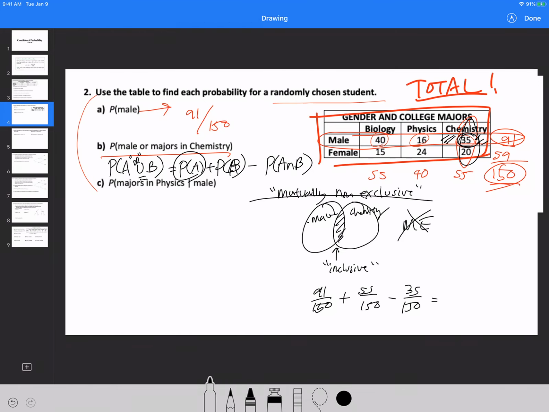If you put that in the calculator, you will get 111 out of 150. Or you can simply take 91 and add 20 to it, because you have to exclude 35 from the previous one. You will still get the right answer. So this answer would be 111 out of 150.